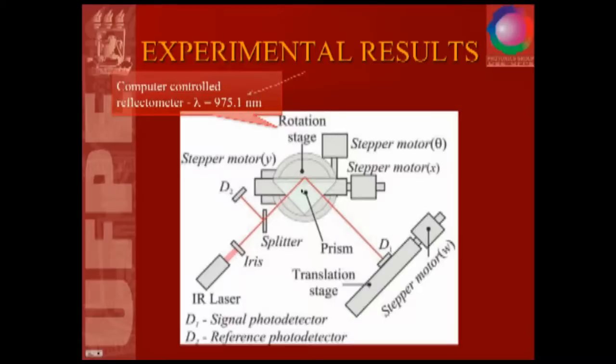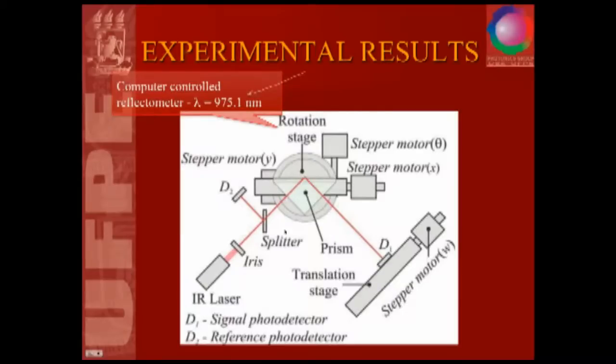As the rotation takes place, there's going to be deviation of the input beam due to refraction on the prism. This deviation will change the footprint of the laser beam on the sample. It's going to move to a different position, and the computer has an algorithm that automatically corrects that and puts the footprint back on the original position.